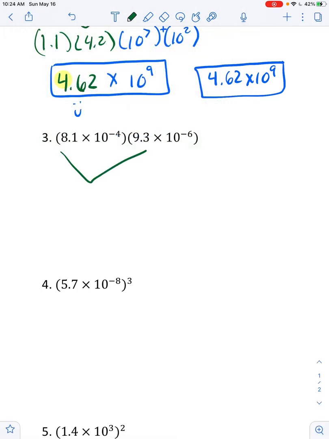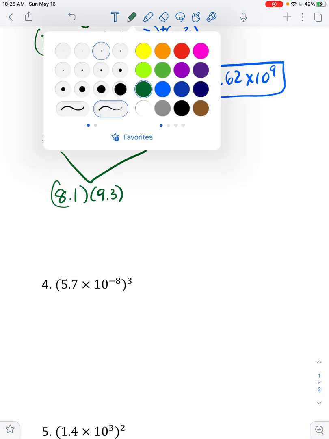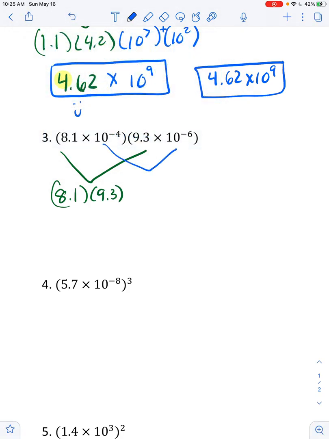Same process every time. Group the constants together, and then we can group the powers of 10 together. We don't care that they're negative. We follow all the same rules. It just means that the decimal place will be moving to the left when we rewrite that in standard form.